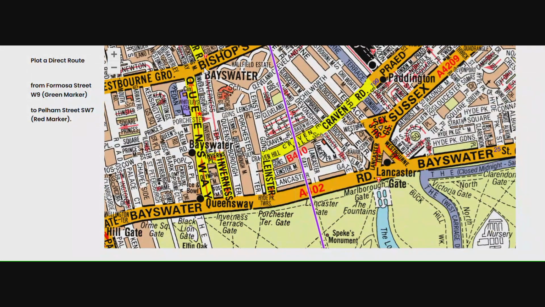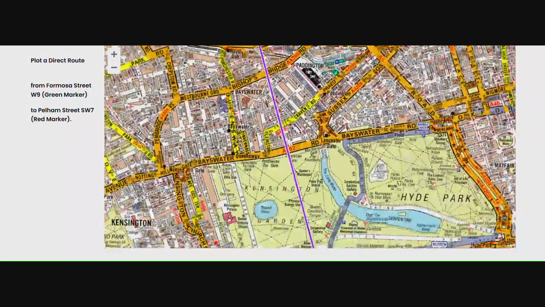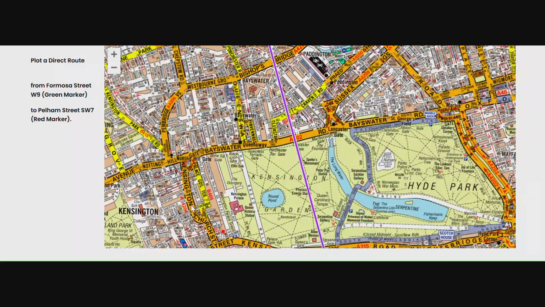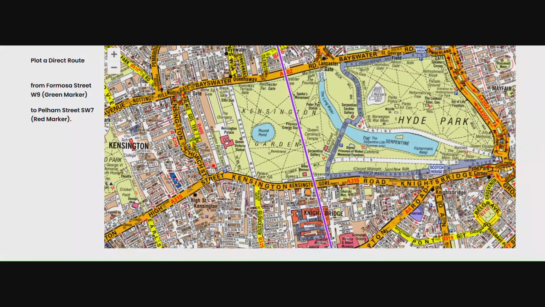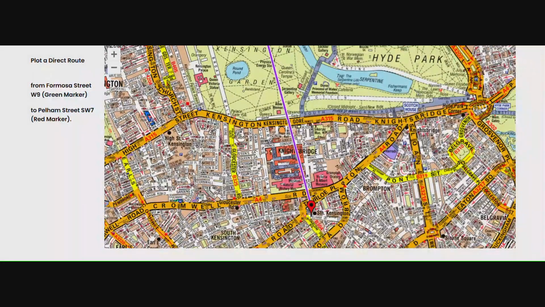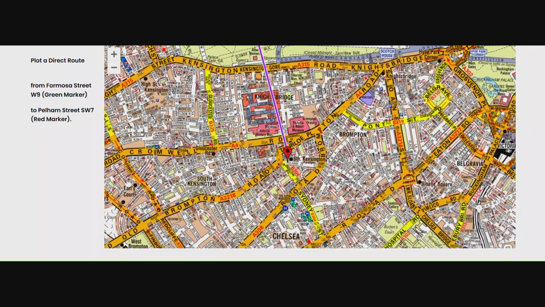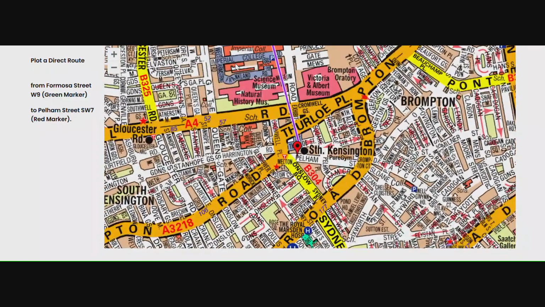So we can take this street to come onto this expressway, then use Kensington Church Street to arrive at A315. From here, we should similarly do the same thing to come onto this section of the expressway, and then finally try to arrive at Pelham Street.